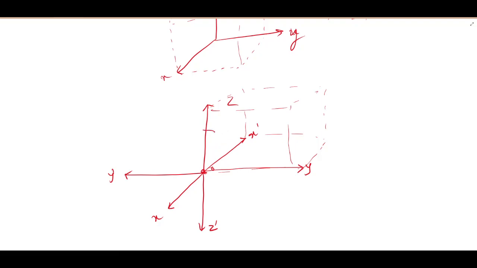Similarly, on this side we have the second octant, and below this plane, the x dash o y dash plane, we have the third octant, and likewise we have 8 octants.